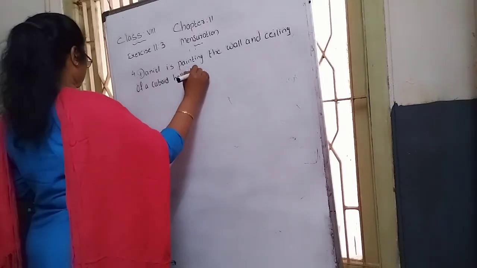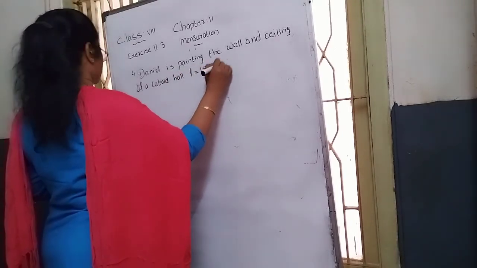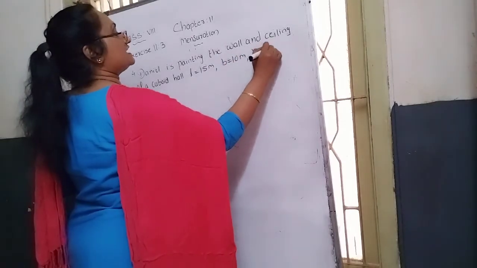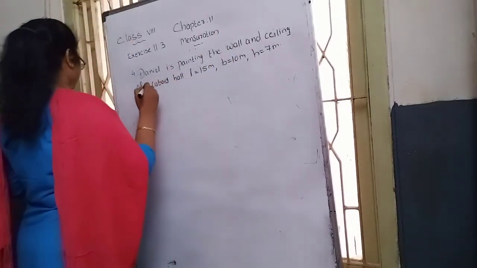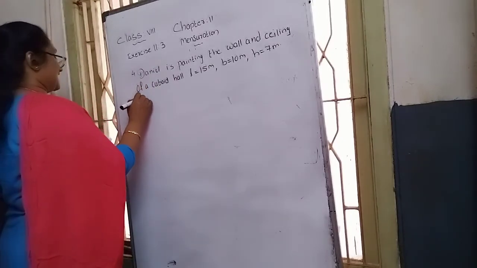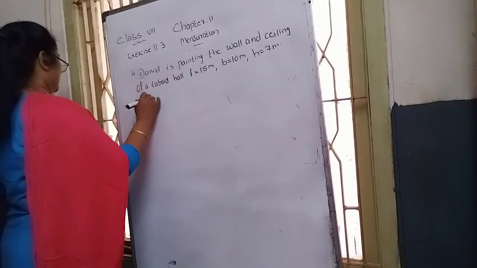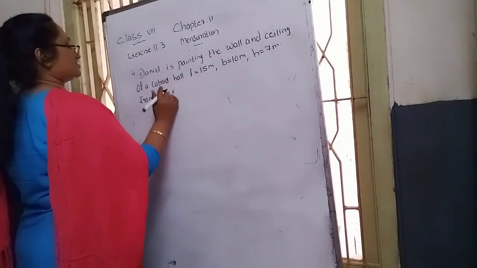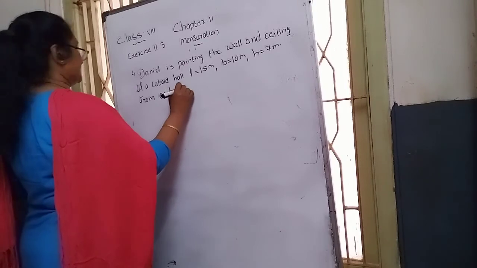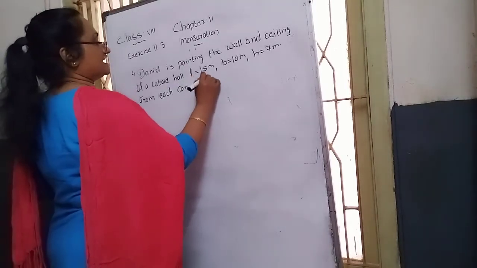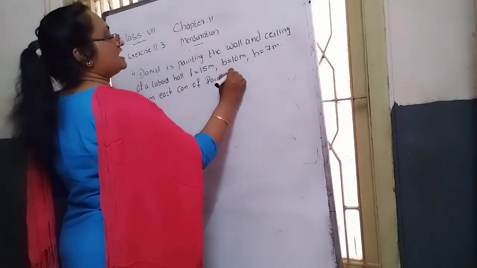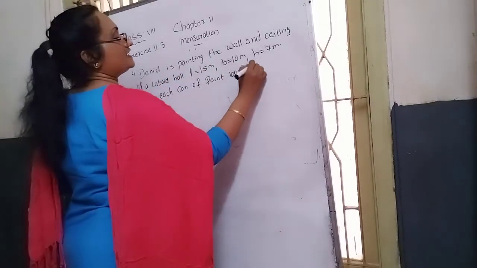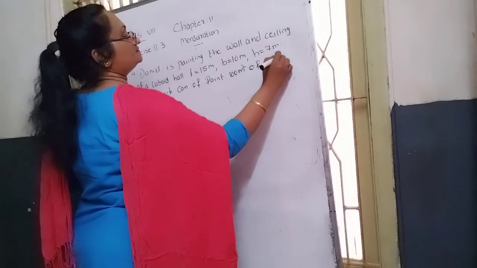Length is equal to 15 meter. Breadth is given as 10 meter. Height is given as 7 meter. Then from each can of paint, an area of 100 meter square is given.